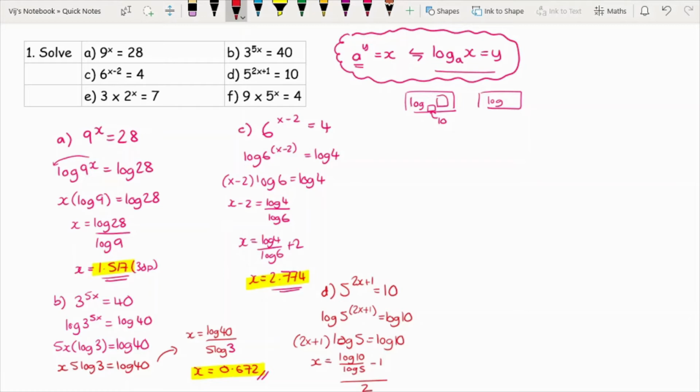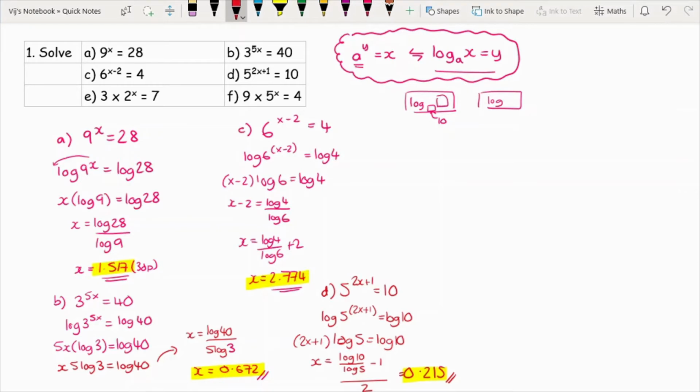So now if I type this into my calculator, which I'm going to do now, I've got log 10 divided by log 5 minus 1, divided by 2, equals, and it's going to be 0.215 to 3 decimal places. And let's just quickly highlight that answer.